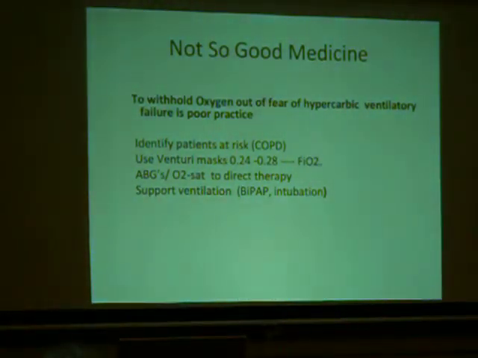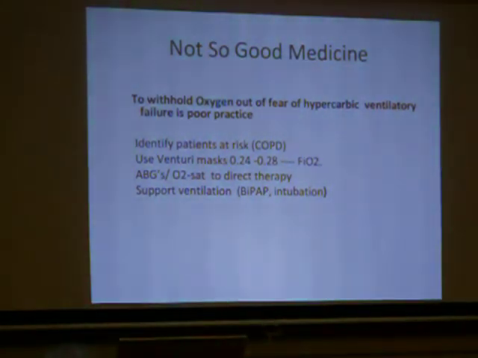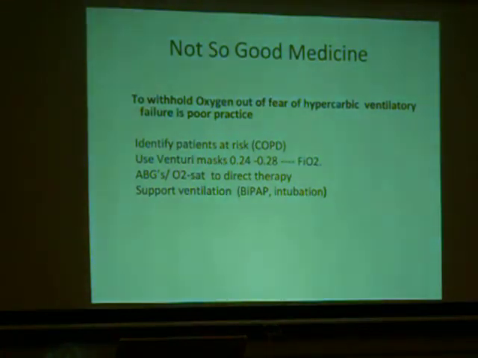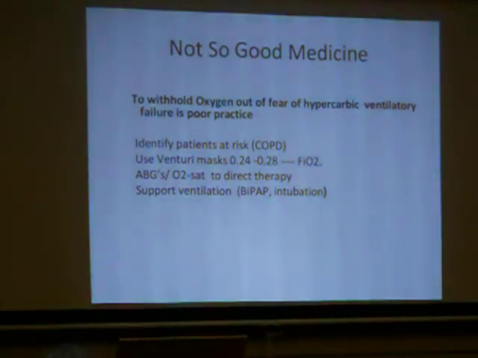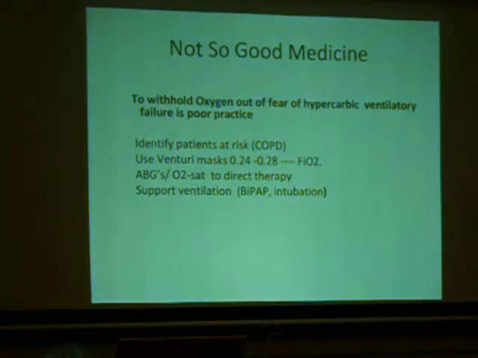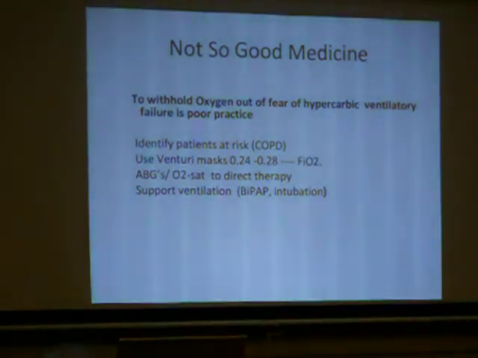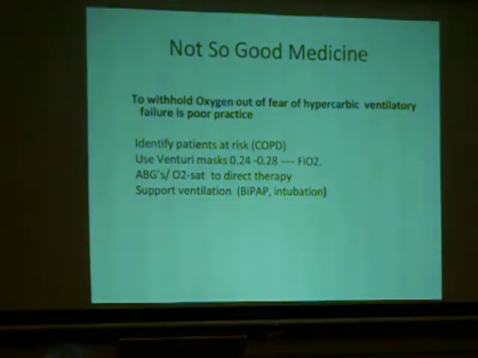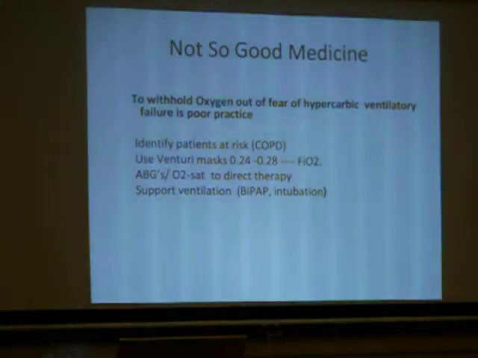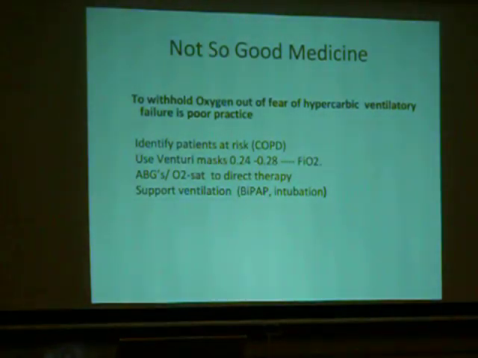So if you want somebody to pay that much money per month for someone to have oxygen, you have to make sure they need it. And so that's why we do this. And I'll go over the guidelines of exactly how we determine who needs oxygen. And the other reason is that you had mentioned it improves mortality.